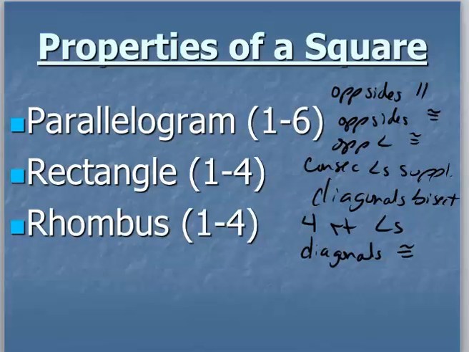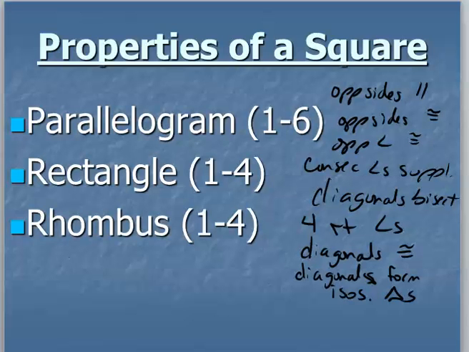It forms isosceles triangles from the diagonals. The square is also a type of rhombus, so it's going to pick up all the properties of a rhombus, the first one just being the properties of a parallelogram.